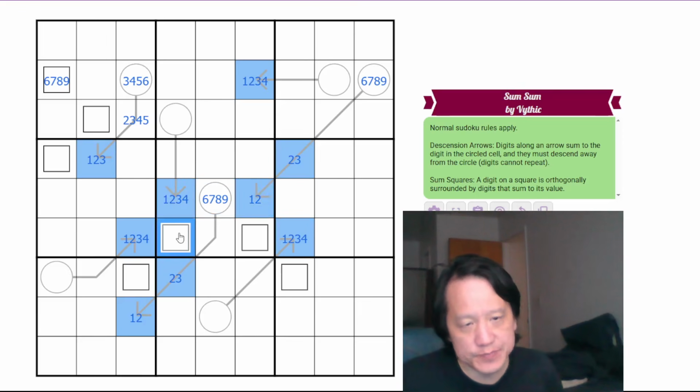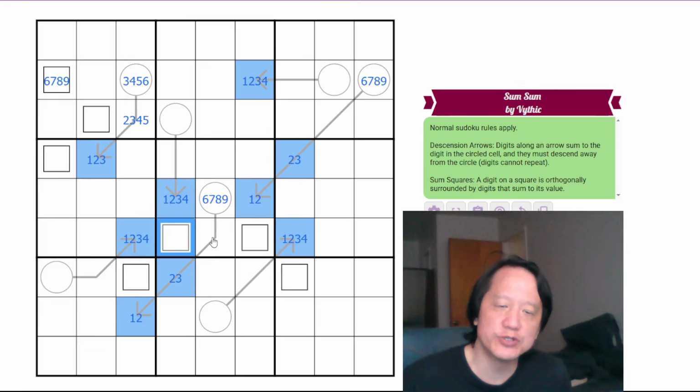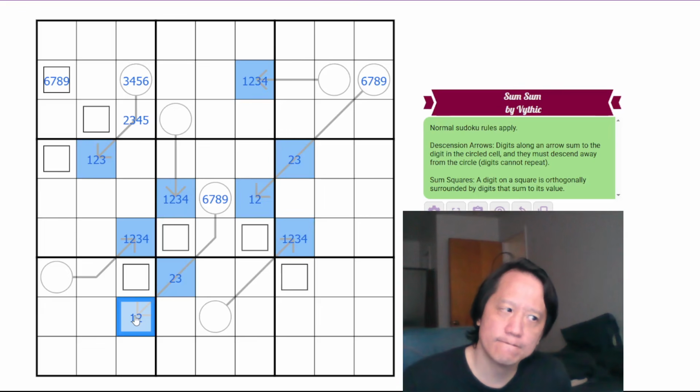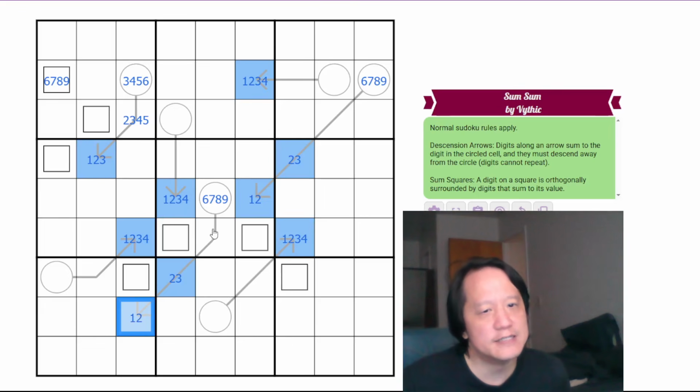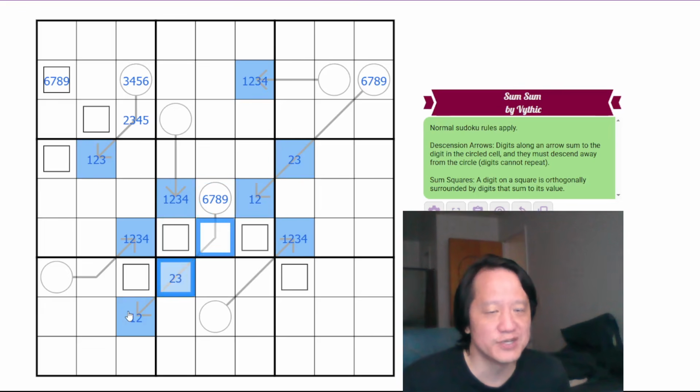This digit is equal to the sum of these 2 digits plus this digit. Sorry, this digit and this digit have to be different. This digit is equal to the sum of these 2 plus these 2 digits. This digit is equal to the sum of these 2 digits plus that digit.